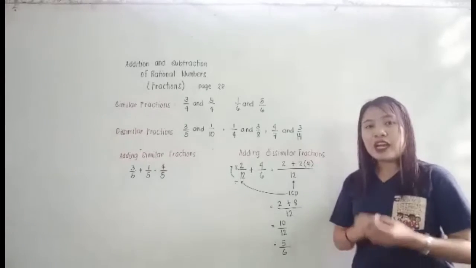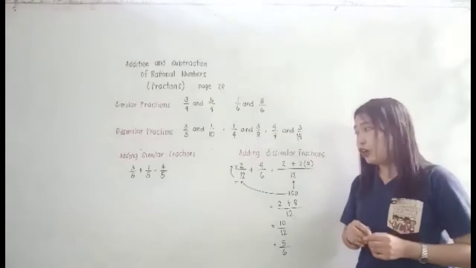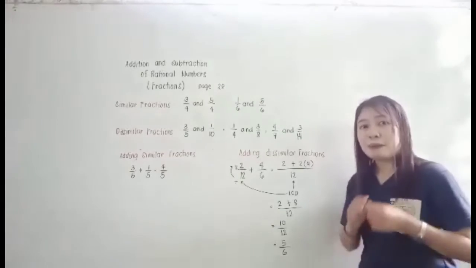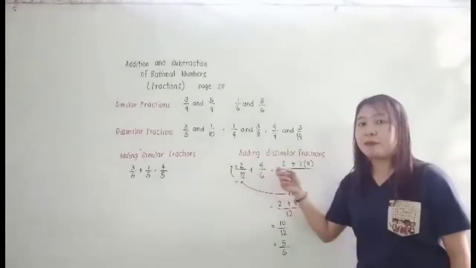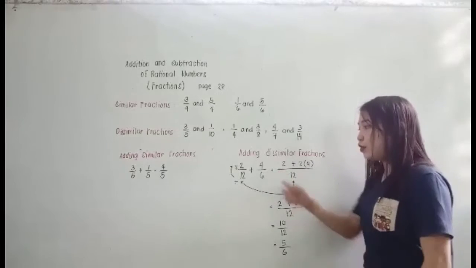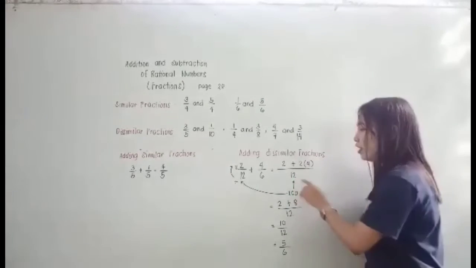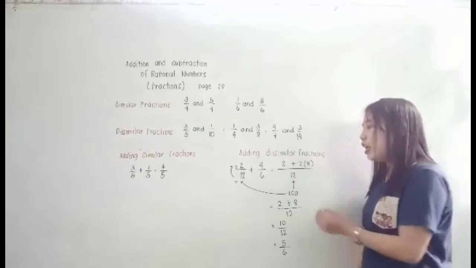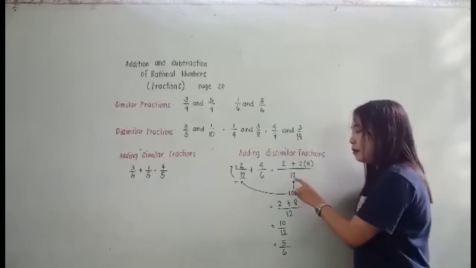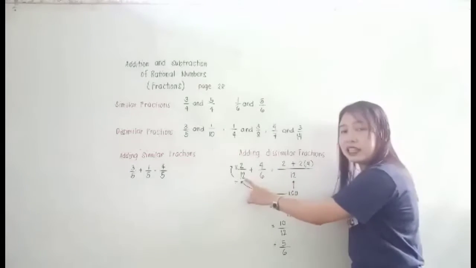Iisip tayo ng least common denominator or yung pinakamababang number na pwedeng ma-divide si 12 at pwedeng ma-divide si 6. So, yun ay 12.